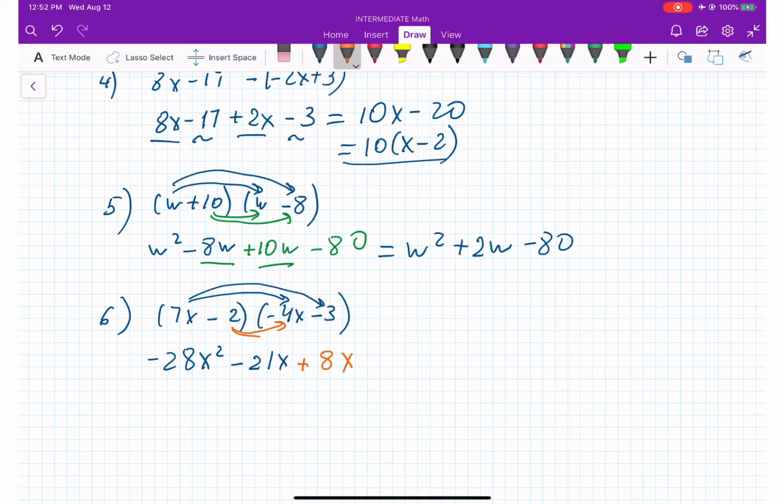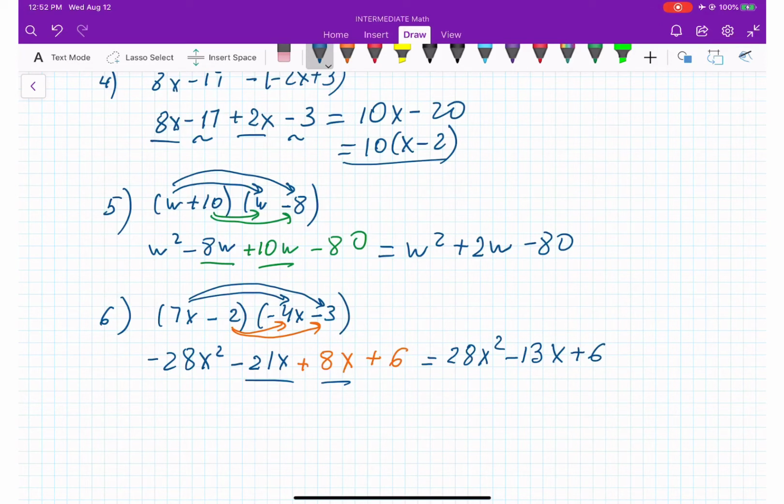And negative 2 times negative 3, it's going to be plus 6. Okay. So, like terms, and the answer is going to be 28x squared. Negative 21 plus 8, it's going to be negative 13x and plus 6.